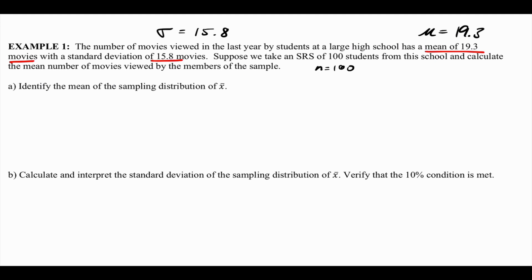If they were to do that an infinite number of times, what would the true center be? The same as the population, 19.3. So we would say that the mean of all of those samples would be the same as the true mean, which is 19.3 movies.